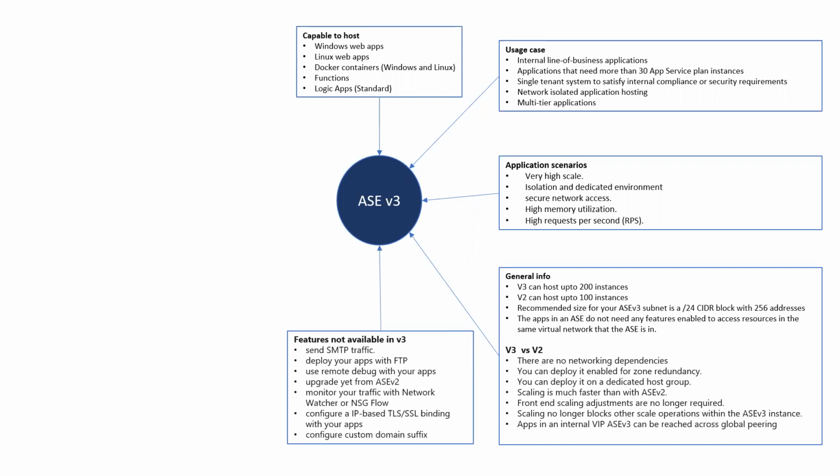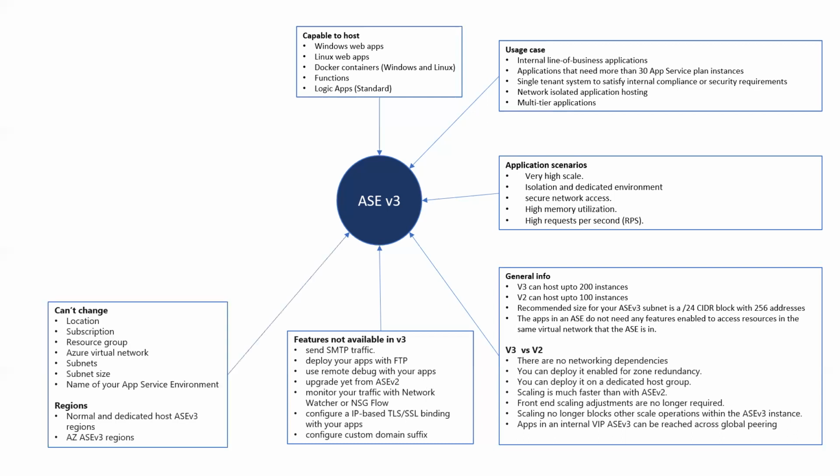I'm sure Microsoft will come up with that feature, but as of now, upgrade from v2 to v3 is not available. And there are other small features, like monitoring your network traffic with Network Watcher, configuring IP-based TLS binding, and configuring custom domain suffixes. So these are some of the features not available in the latest version of app service environment.